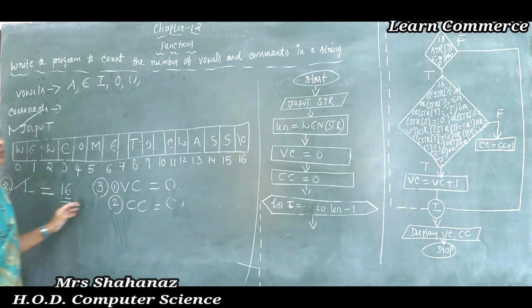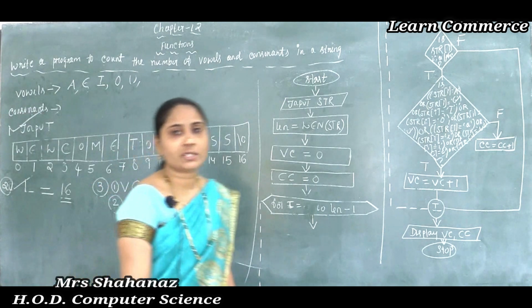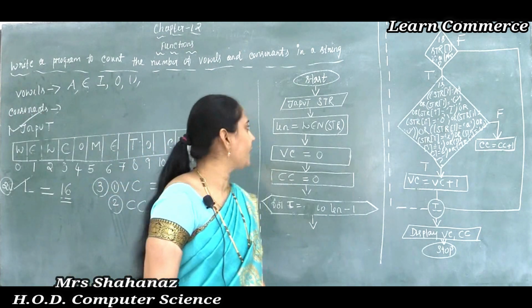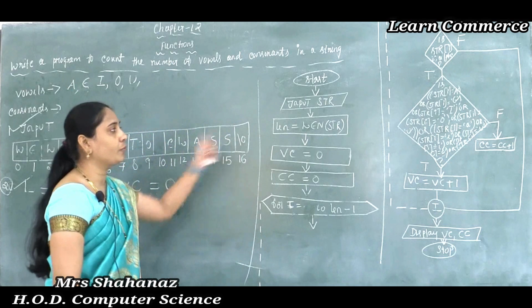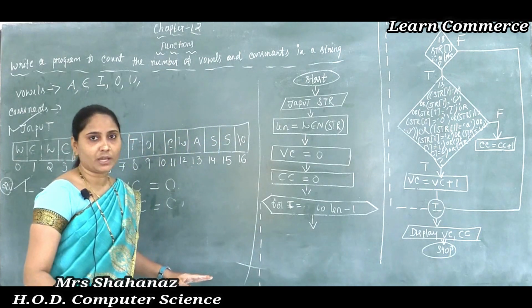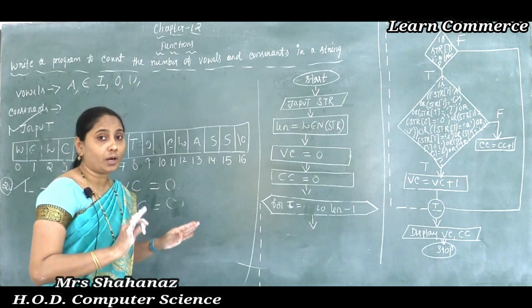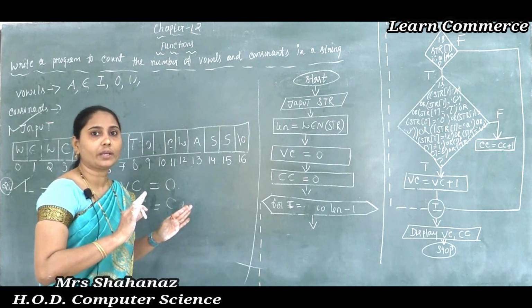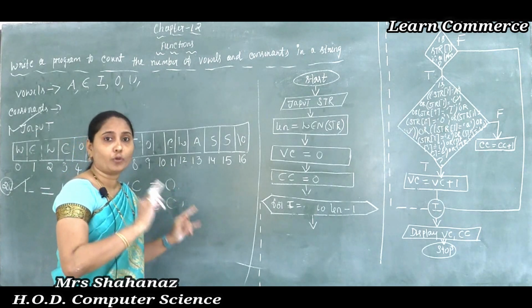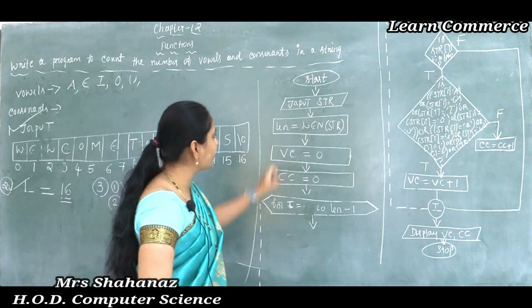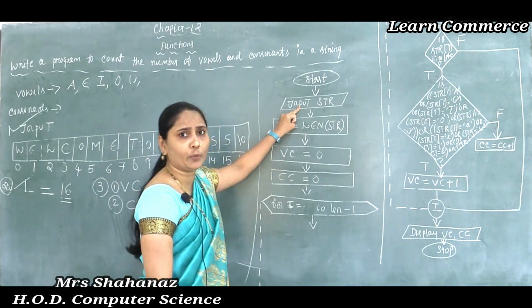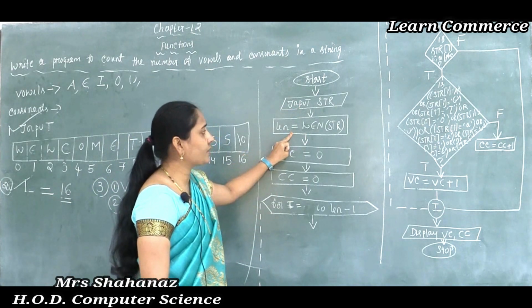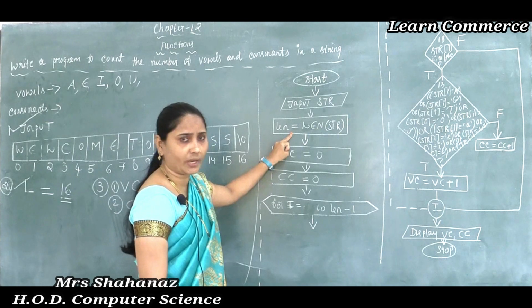So clear how we are going to complete? Now we are going to write the program. We completed the solution as well as the flow chart here. So clear the flow chart, and what is the use of each flow chart symbol here. We need to import string, then find out the length of the string.